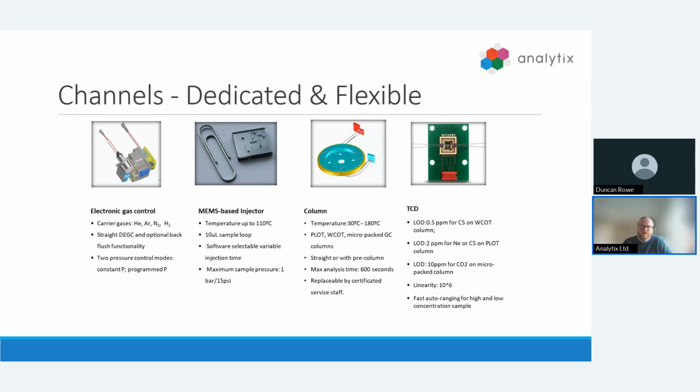We then have the micro machined injector, or MEMS injector. This controls the injection into the 10 microliter sample loop. This can be held at temperatures up to 110 degrees and is set depending on the requirements of your specific application. With the micro GC, we're working with really small sample volumes, so we're working in nanoliters.